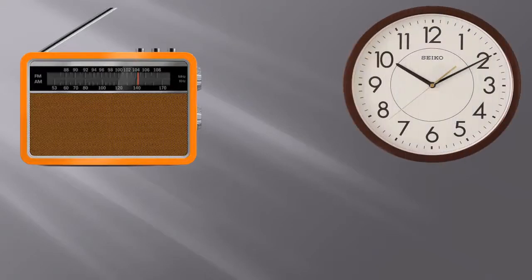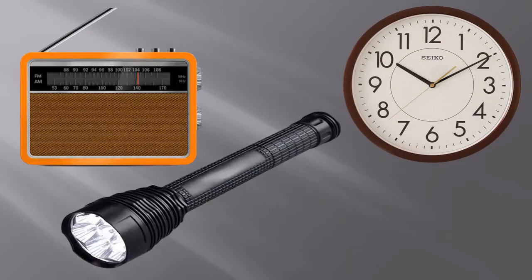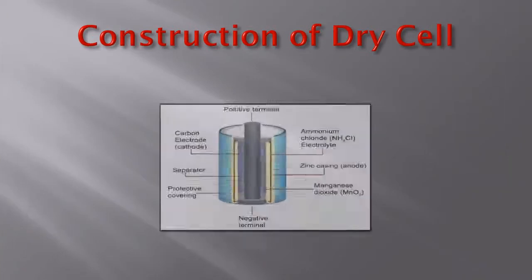Dry cells are used in our radio sets, wall clocks and torches. These are available in 3 to 4 different sizes. Now let's see the construction of a dry cell.